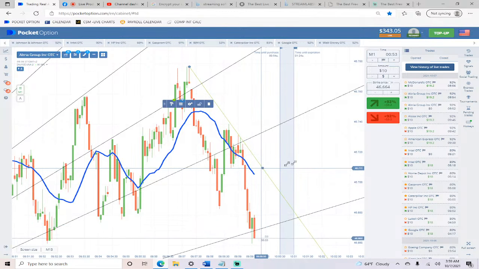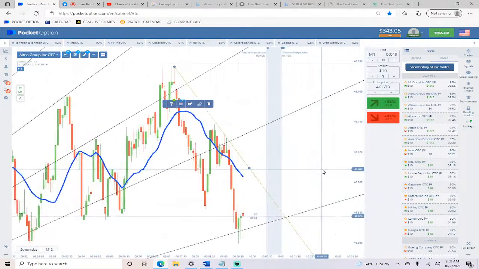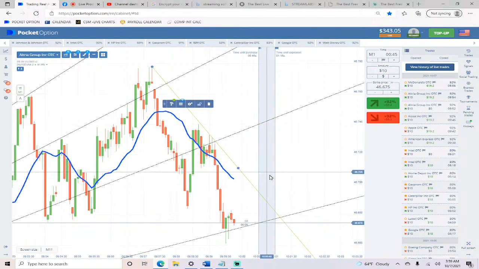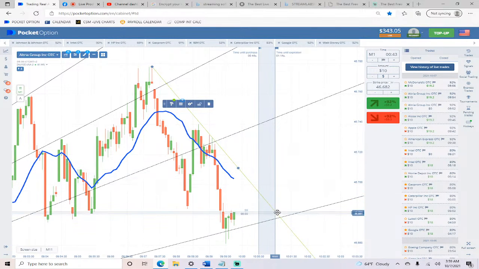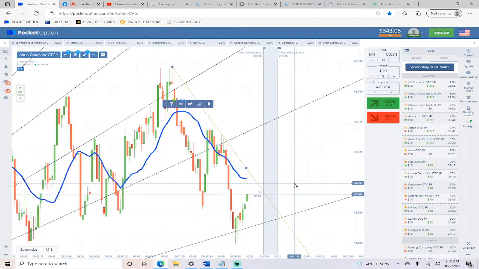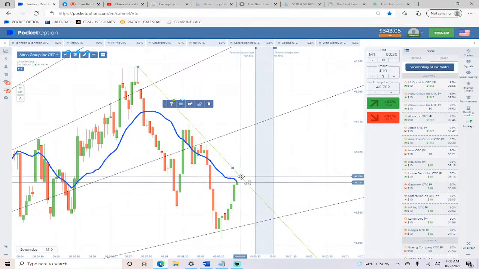Okay, that's somewhat accurate. So what we might see is sideways movement up and down, and then we might hit something that looks like a double bottom. And if we get a bounce off of this trend line, we'll go in for a buy. So we are crossing into the trend line now with the EMA.